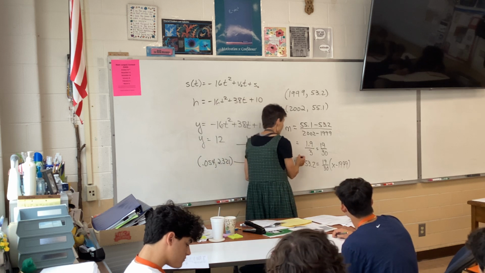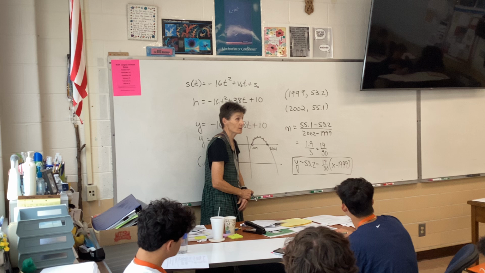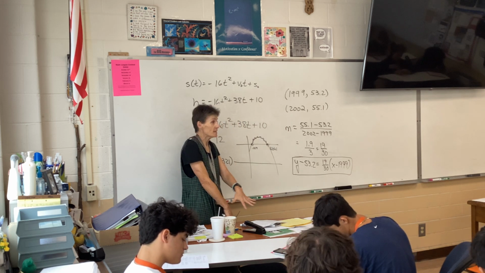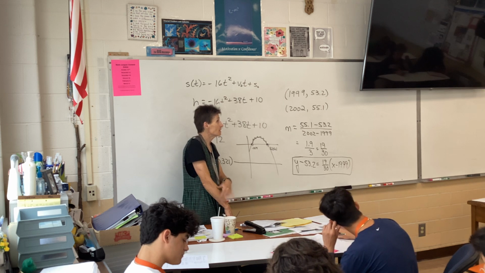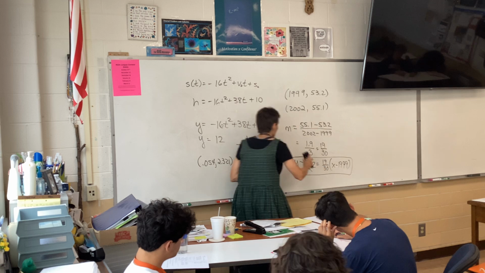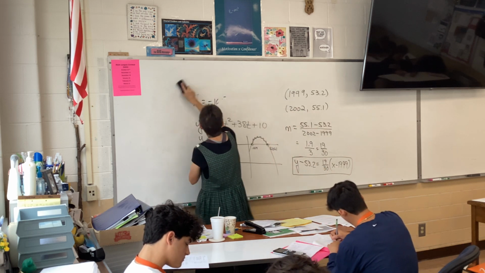Is that a linear equation? It is a linear equation, but it is in point slope form. These directions don't tell me, so point slope is fine. Let's go ahead and put it in slope intercept because it's going to help me in the next part of the problem anyway.